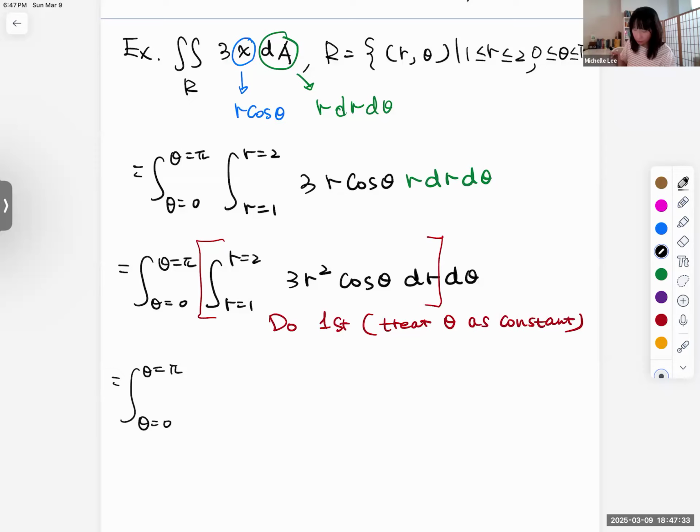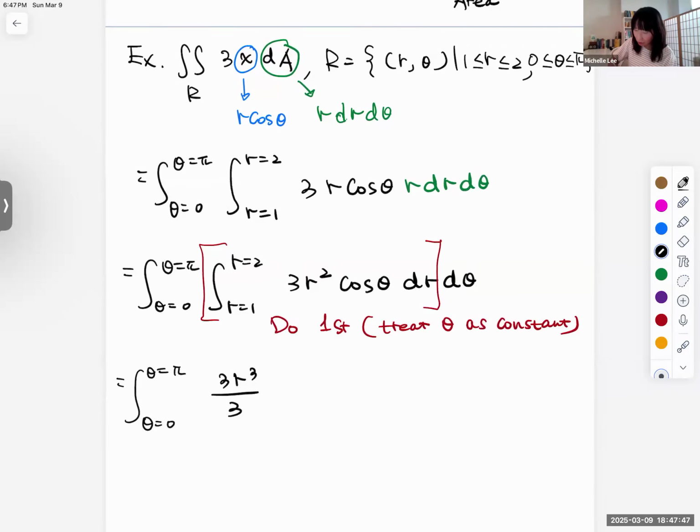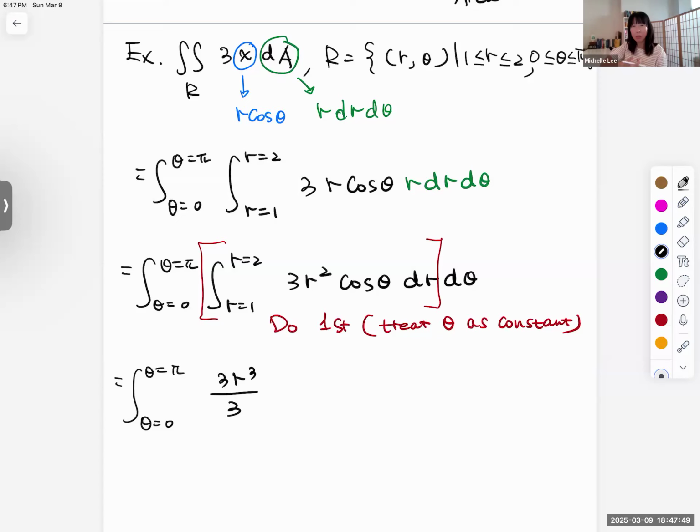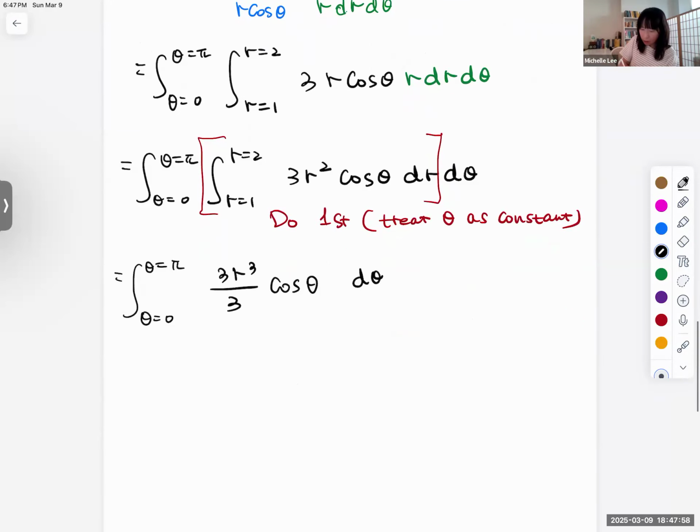And integrate with respect to r, so r cubed over 3, right? And then cosine theta is the constant, so we keep the constant like a 3, right? Yeah. And d theta. Okay.